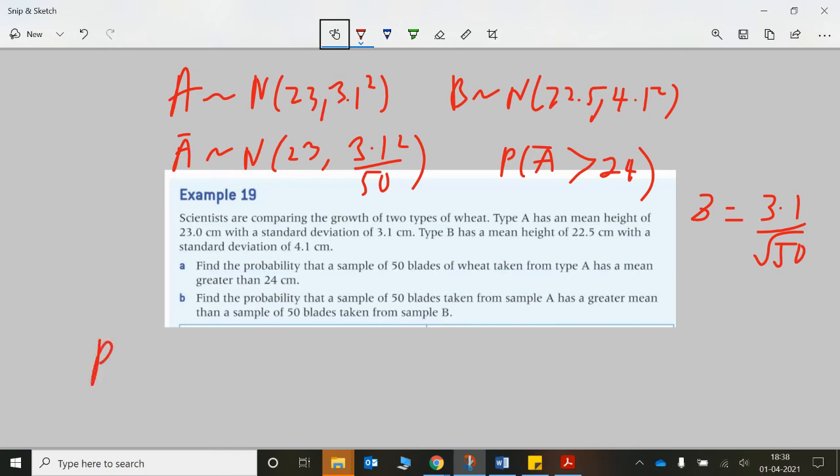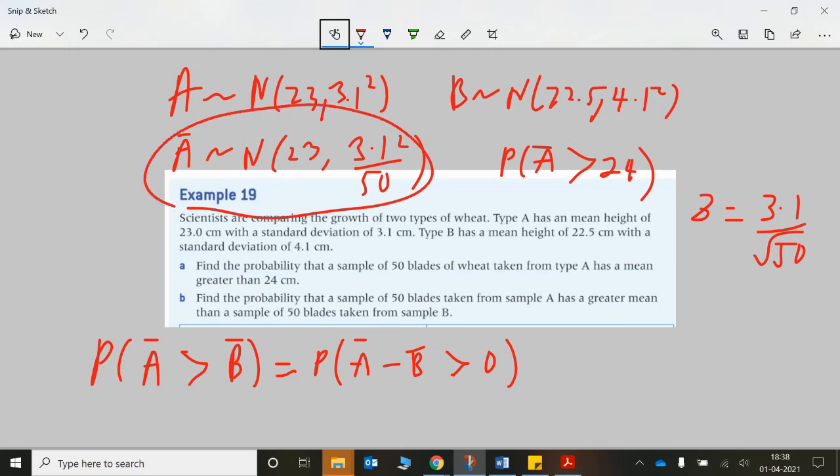So here we're saying, what's the probability that A bar is greater than B bar? We can use the same trick as before, where we take these to one side: A bar take away B bar is greater than 0. And then we're obviously going to need to combine two distributions here as well.